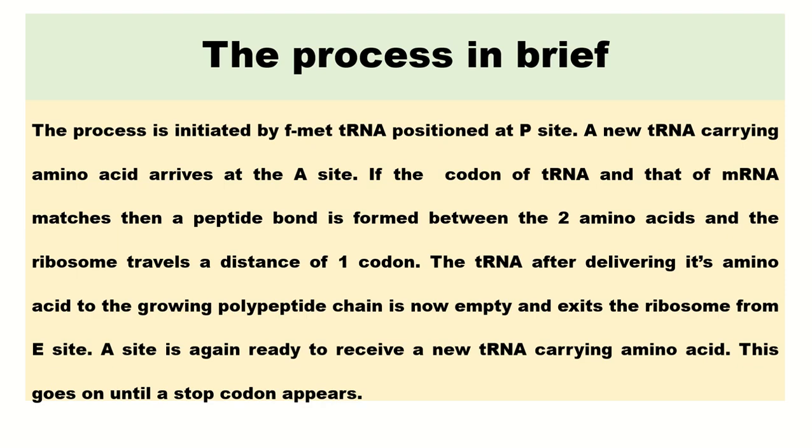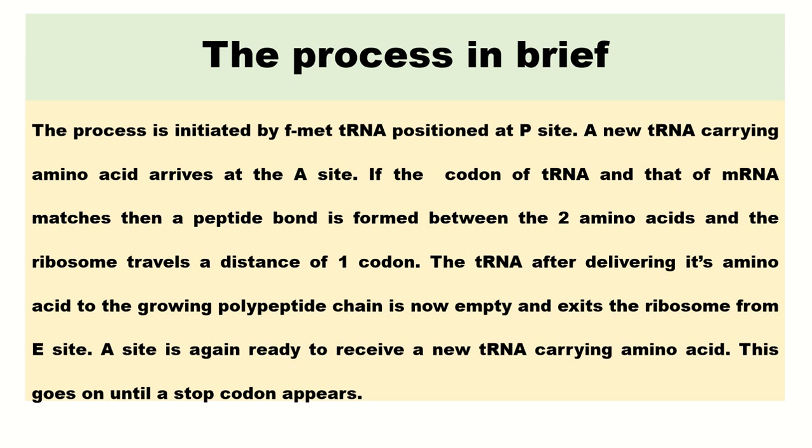Let's quickly see the process in brief. How is it taking place and how is ribosome playing such a great important role in forming the polypeptide chain? The process is initiated by formyl methionine tRNA positioned at P site. This is also known as F-met tRNA.